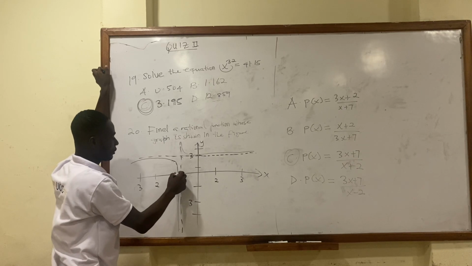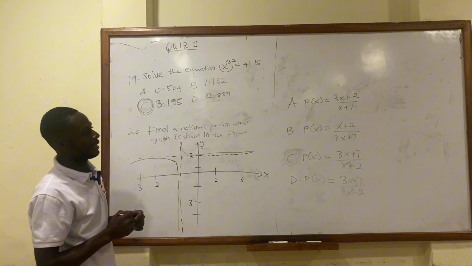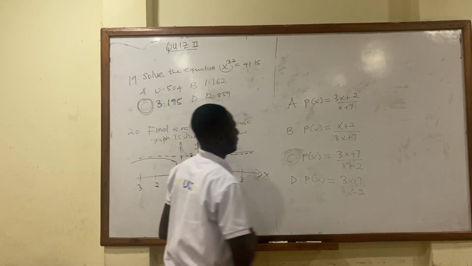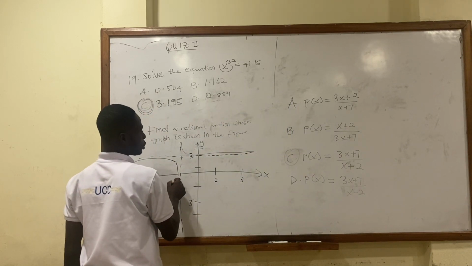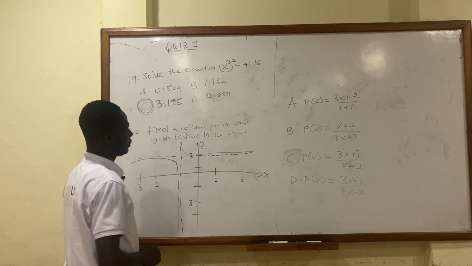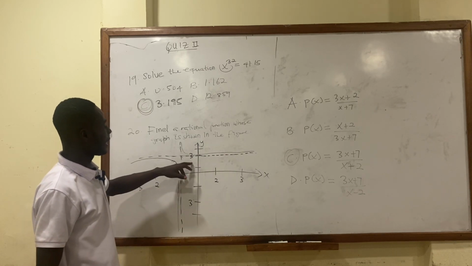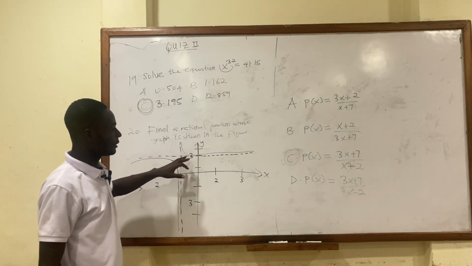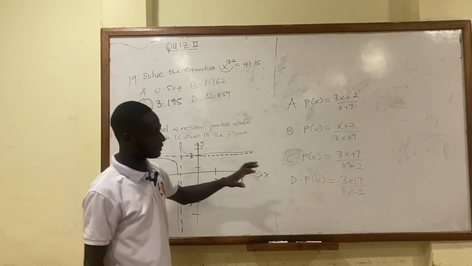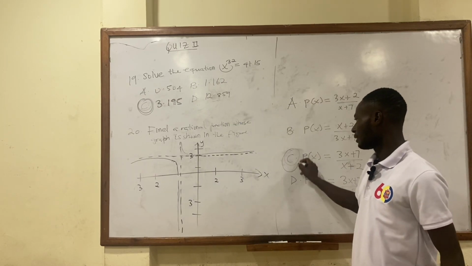All right, x equals 2, and then our horizontal asymptote is at y equals 3. So we see that the graph over here is depicting this function. So our option here is C.